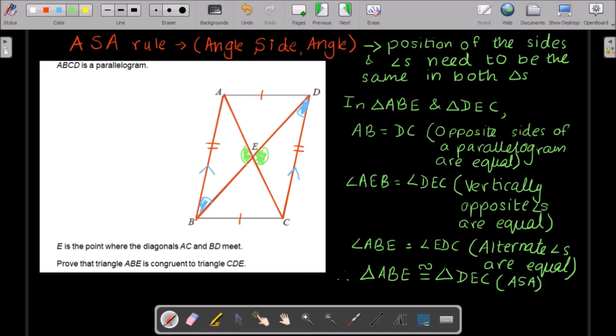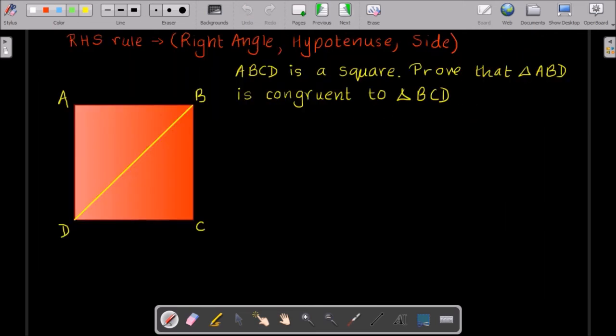That's not sufficient. I need to write down the rule I've used, ASA. Again, I have written down all the reasons for all the points I have made, and then I've used the rule in this question. There's one more rule which we need to learn, and that is the RHS rule, right angle hypotenuse side. So let's have a look.